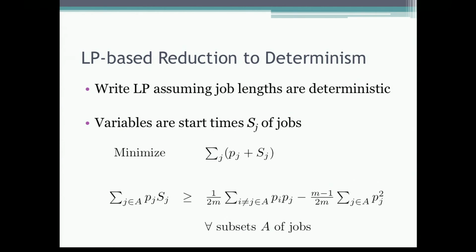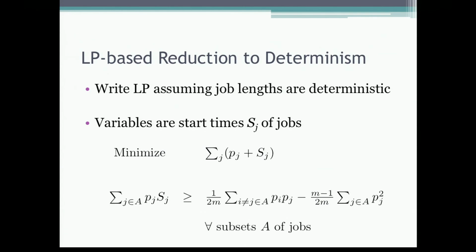And this is essentially capturing that. I'm not going to explain why this constraint holds, but essentially it says that the Sj's can't all be too small. And you have to write this constraint for all subsets of jobs. It turns out this LP is good enough, in the sense that there's a way to round it and find a feasible schedule. But now your job lengths are stochastic.